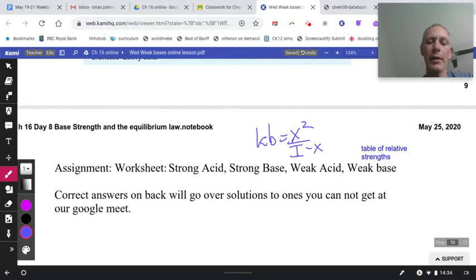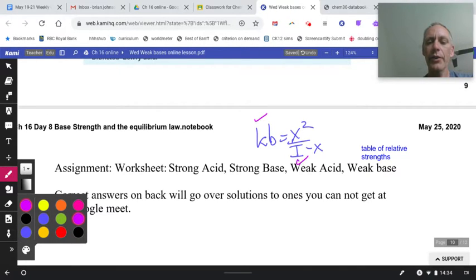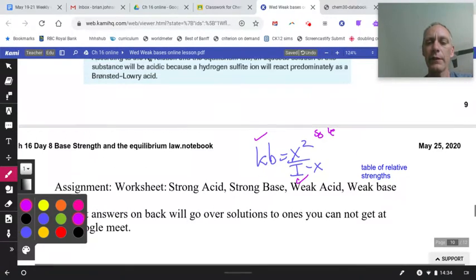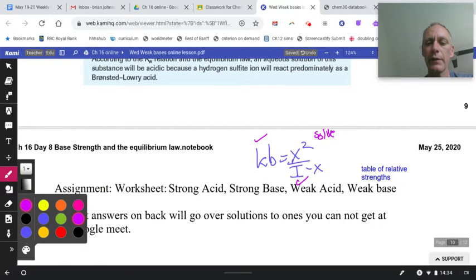Using our shortcut, I can give you the Kb value and the initial concentration and say solve for x. Why would you solve for x? Because you're trying to find the pH. You would do that by getting the pOH and then the pH, all coming from the concentration of hydroxide. So that's question number 1.